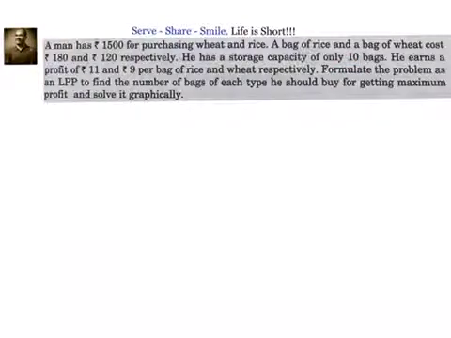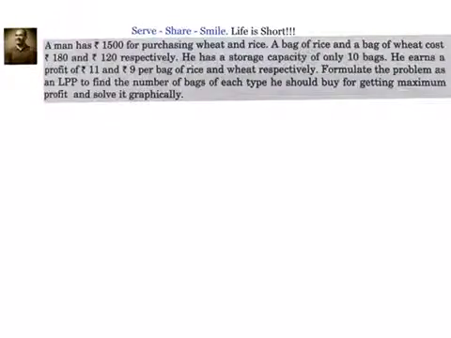And what is it that we have to maximize? What is our objective function to be maximized? The function to be maximized is profit. So profit comes from 11 rupees for each wheat bag and 9 rupees for each rice bag. So the total profit will be 11 into X plus 9 into Y. That means our Z, which needs to be optimized, is 11X plus 9Y.